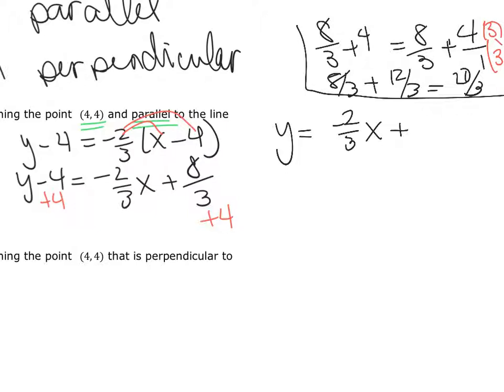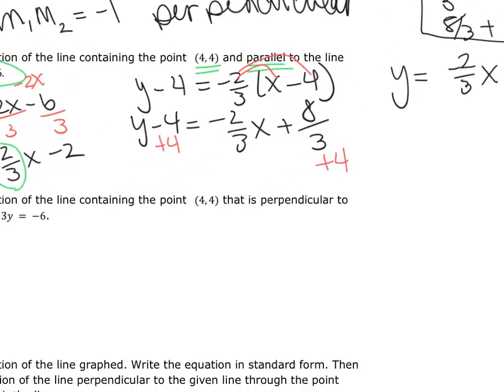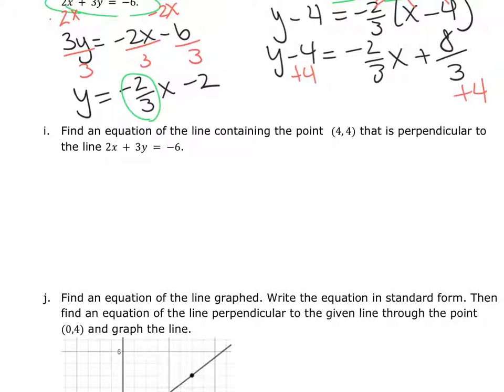So back to my equation of my line, I have plus 20/3, and I could write that as a mixed number. All right. On the next one, I want to find an equation of a line that is perpendicular to that equation, and that is through that point. So here's my given line, which is fortuitous for us.